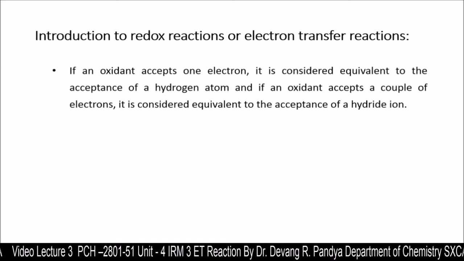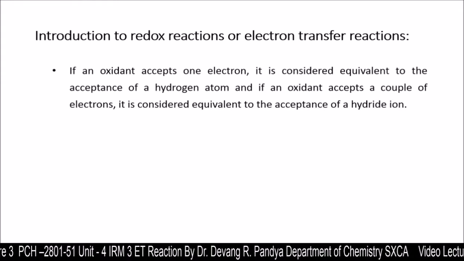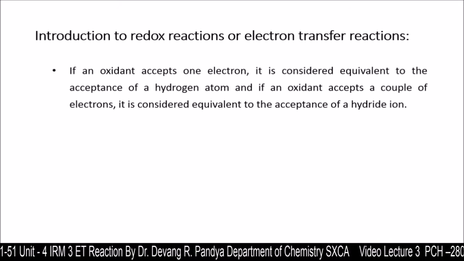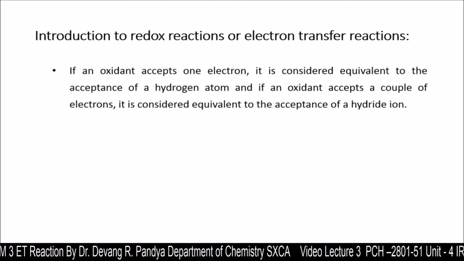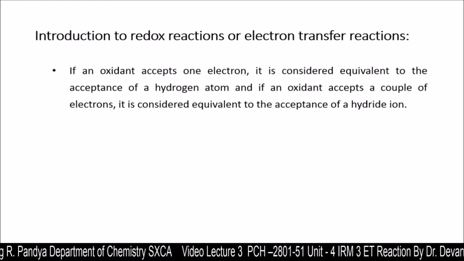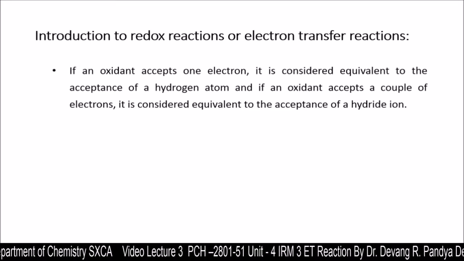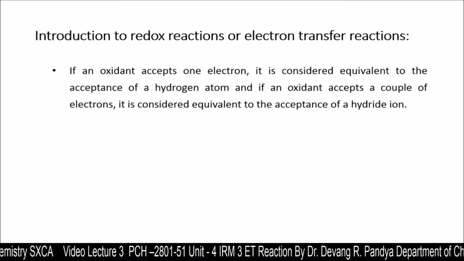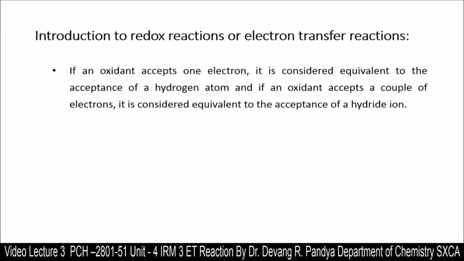An oxidant accepting one electron is considered equivalent to the acceptance of a hydrogen atom. And if an oxidant accepts a couple of electrons, it is considered equivalent to accepting a hydride ion.